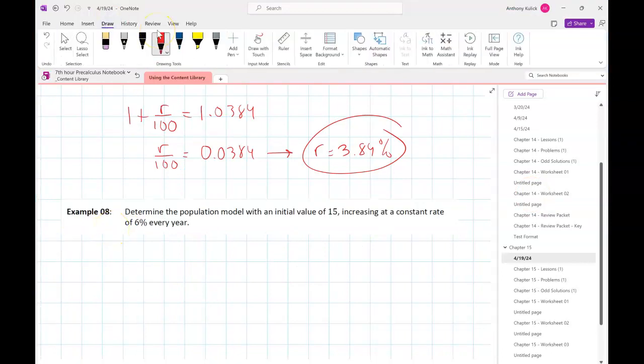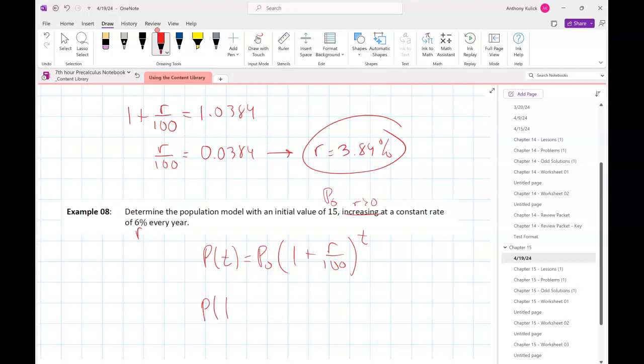Example: determine the population model with an initial value of 15. So we're talking about an exponential population model, so I know I'm going to be using this formula. The initial value, that's the P naught. The constant rate of 6 is R. Increasing tells me that R is positive.